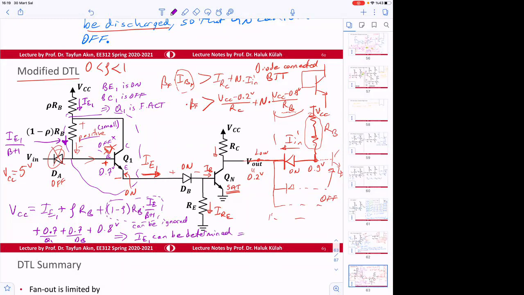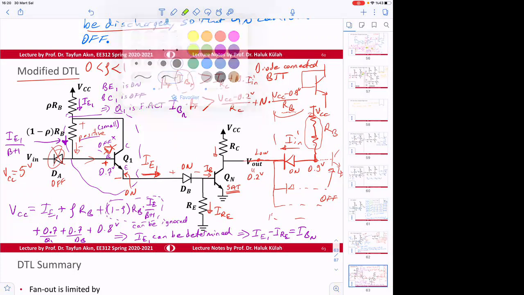If IE1 is determined, then IE1 minus the RE current is going to give us I base. So I base of N can be calculated, and that I base of N can be written here.